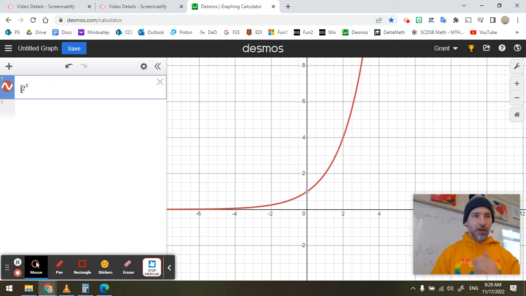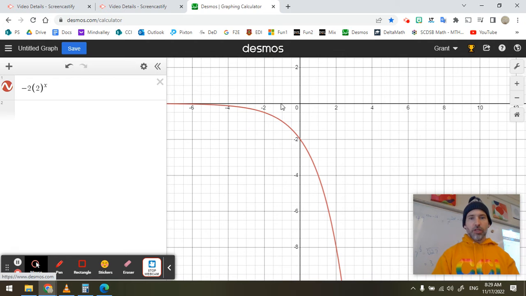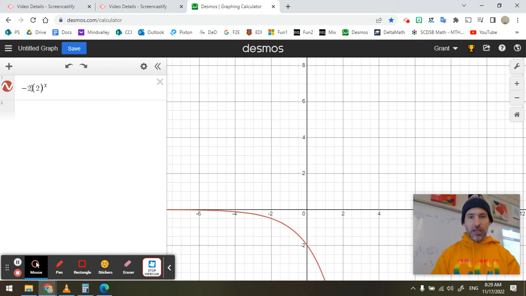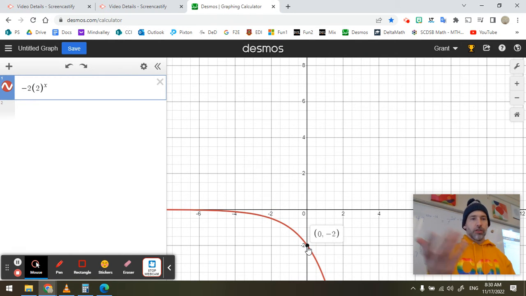And if I put this in brackets and multiply by -2, that was the a transformation. Notice that when I multiply by -2, the point that used to be at 0, 1 maps down to 0, -2. So we multiplied the y value by -2 when we applied that transformation.